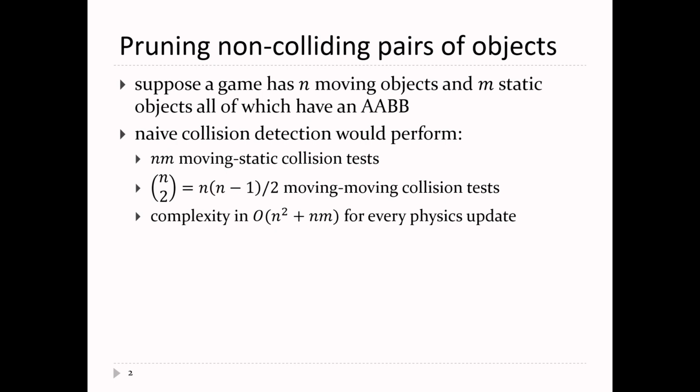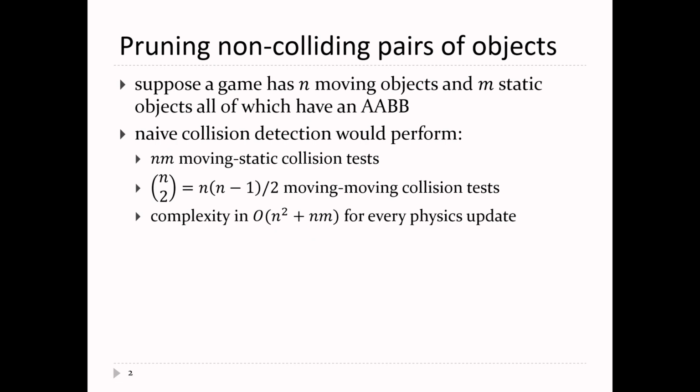So at every physics update, if you're doing naive, brute force collision detection, your complexity is O(n squared plus nm). And remember, your physics updates are happening multiple times per second. So even for axis-aligned bounding boxes, that's a very high computational cost.